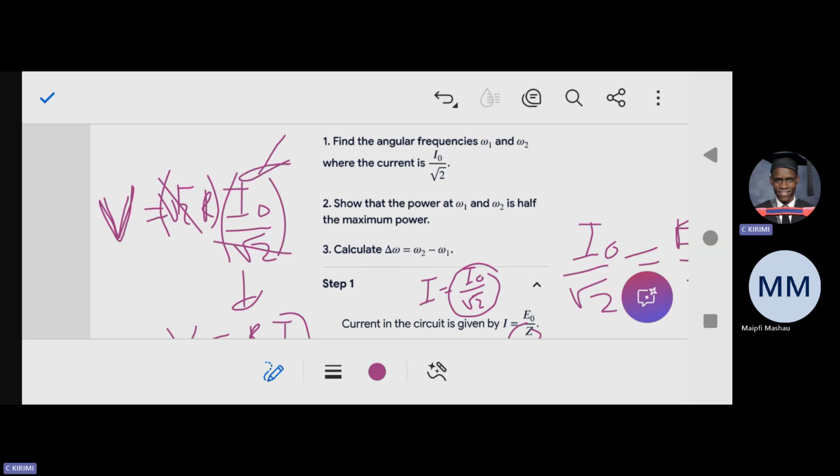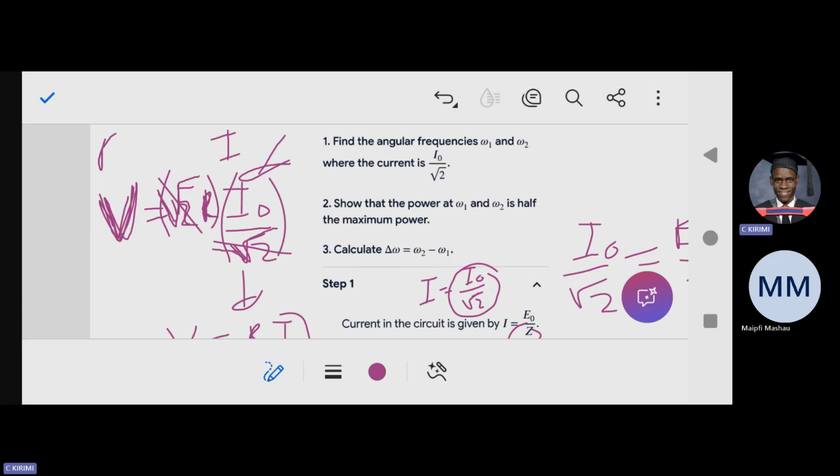So the condition that we were given on the question paper was that the current I is I naught over root of 2. So if my current is I naught over root of 2, then automatically my resistance will also be root 2 multiplied by R. Why root 2 multiplied by R? I must not change the value of this voltage. The value of the EMF does not change, it remains the same.